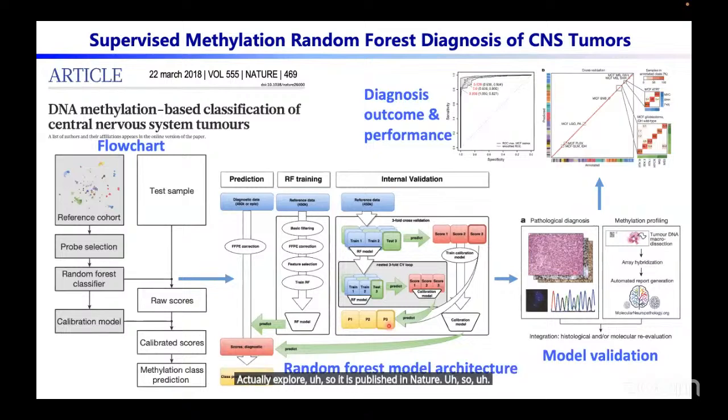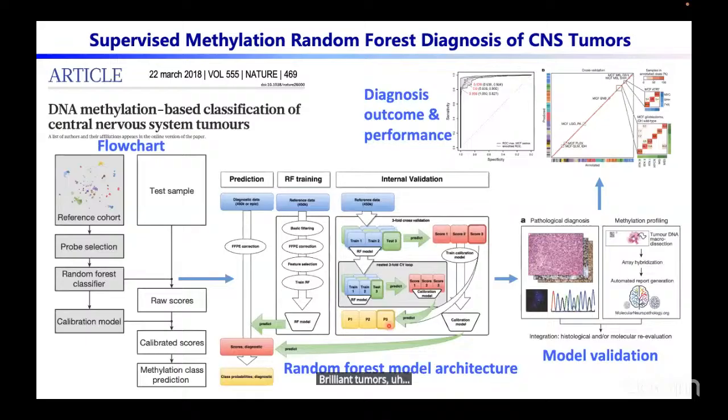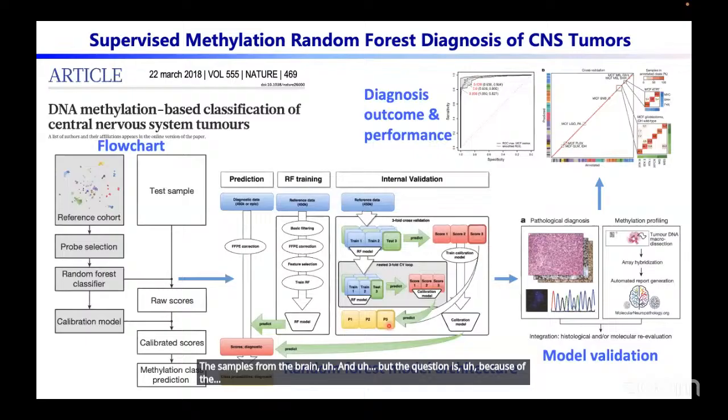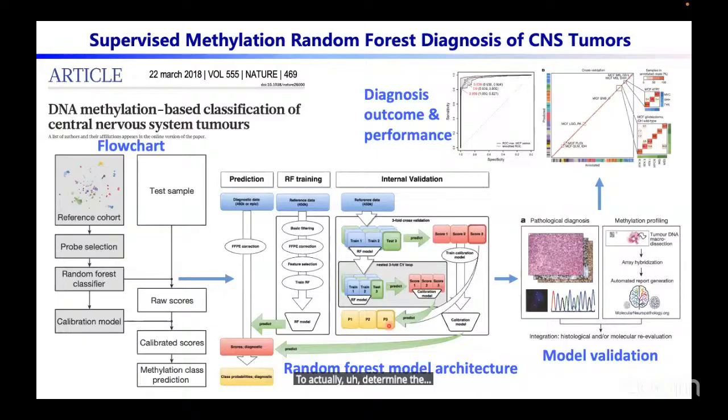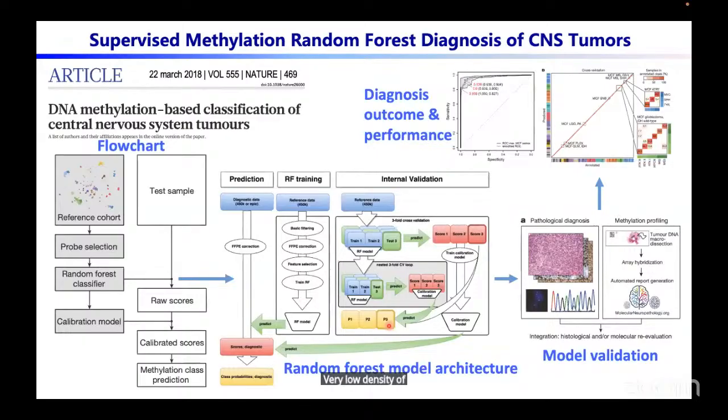They look at a very hard problem in the diagnosis of CNS tumors, brain tumors. They can draw certain samples from the brain, but because of the nature of the samples, it is very difficult to determine the cancer state, particularly for those with very low density of tumor cells.